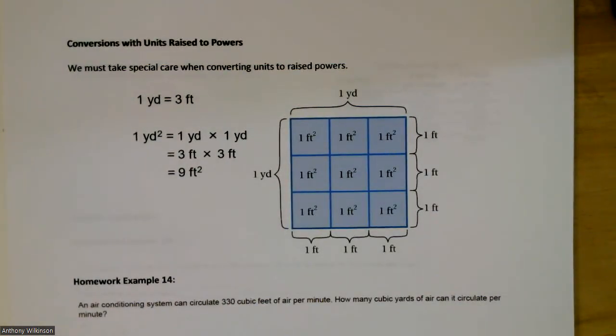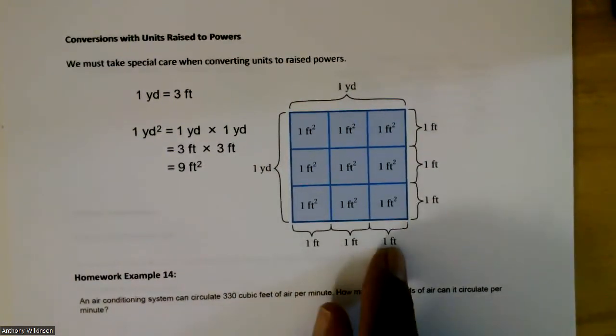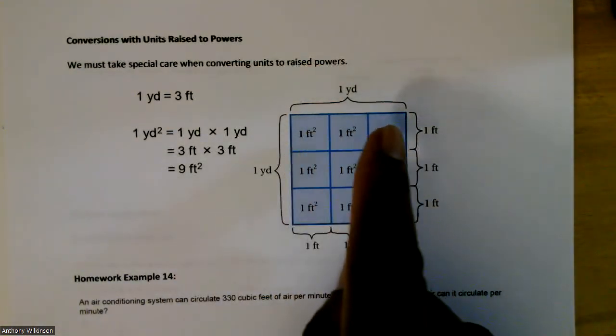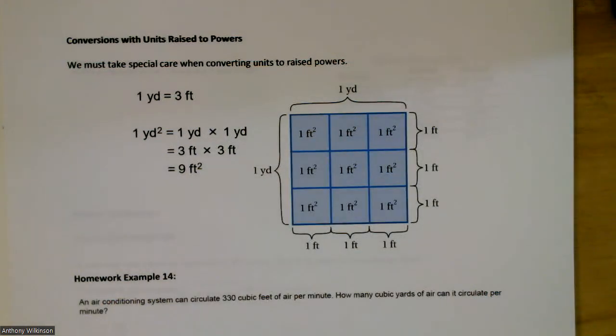You got 9 small 1 square foot squares. Because you can see 1 yard is 3 feet, 1 yard, again, 3 feet. So 3 feet times another 3 feet, that's 9 square feet, which is equivalent to 1 square yard.